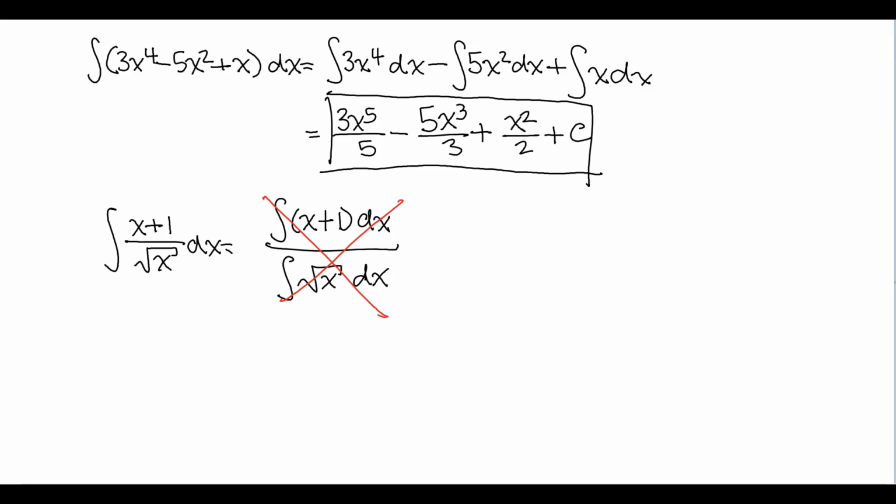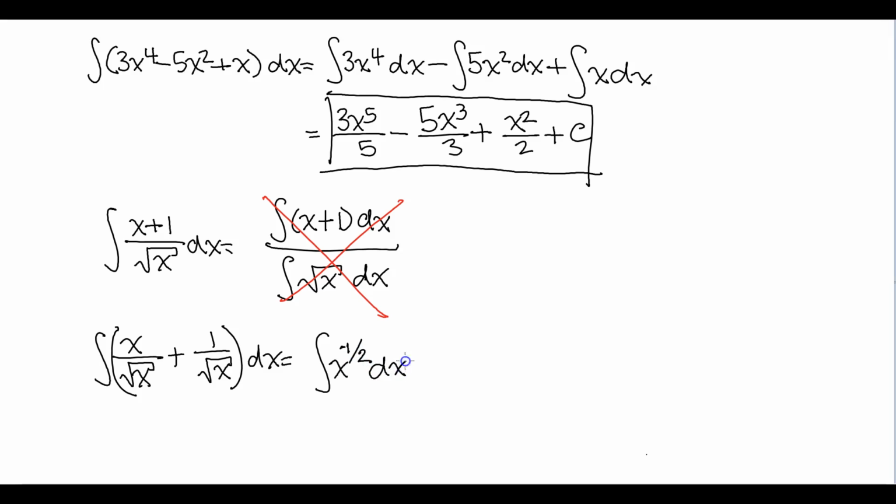What you would do is separate the fraction, and then take the integral of each term. x divided by the square root of x is just the square root of x, or you could rewrite this as x to the 1/2 power.